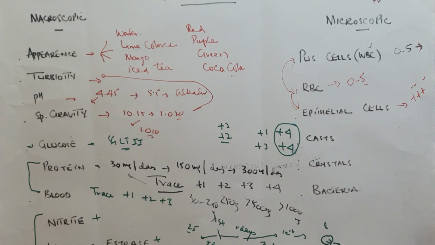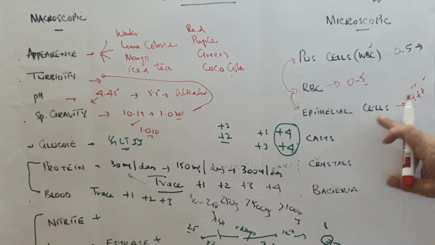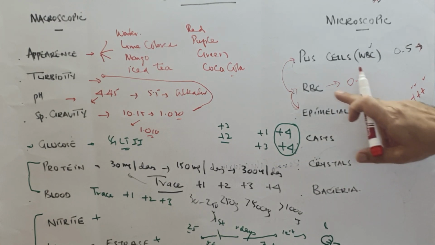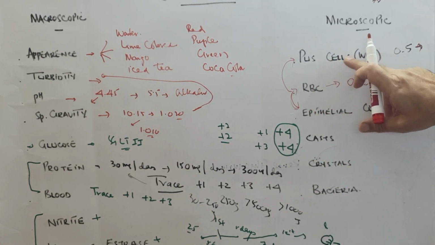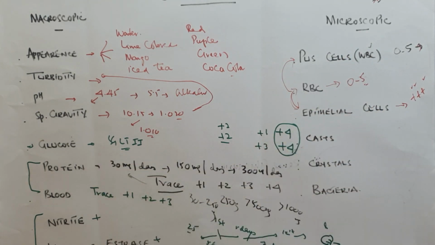So do not ignore the epithelial cells, but the epithelial cells on their own are perhaps of no value. But if there are epithelial cells, then it helps if you can just glance at the pus cells and RBCs and all the other variables on the microscopic side, and this helps in making a diagnosis of whether or not they've got infection.